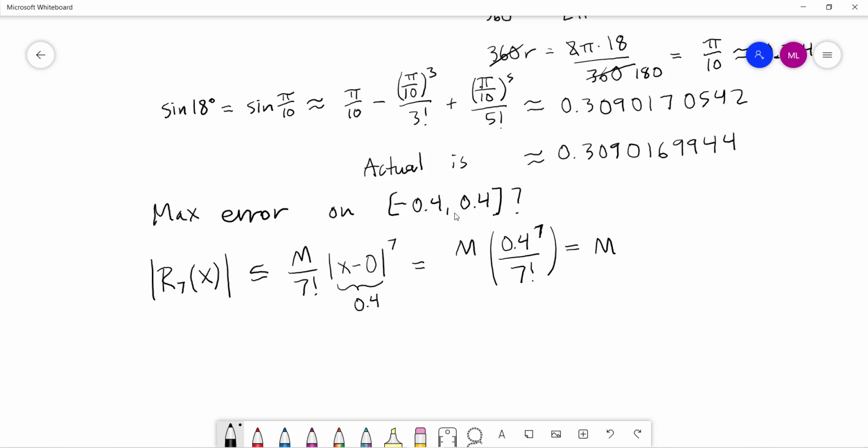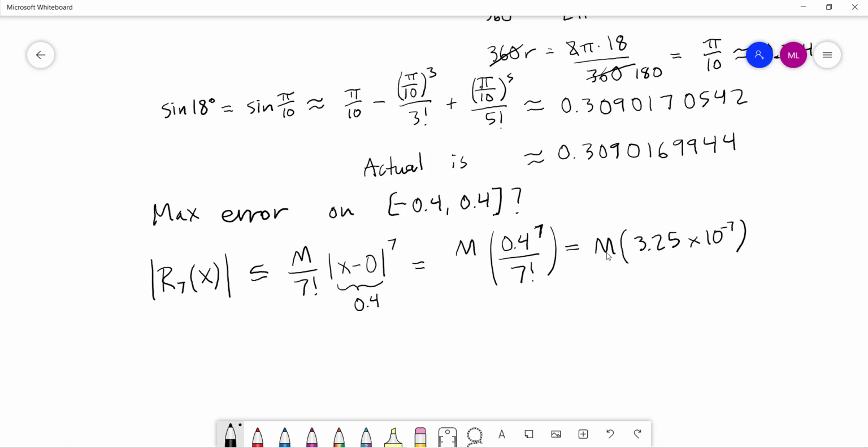So this is equal to M times roughly 3.25 times 10 to the negative 7th. So this is basically 0.0000, a bunch of zeros, 325, dot dot dot.